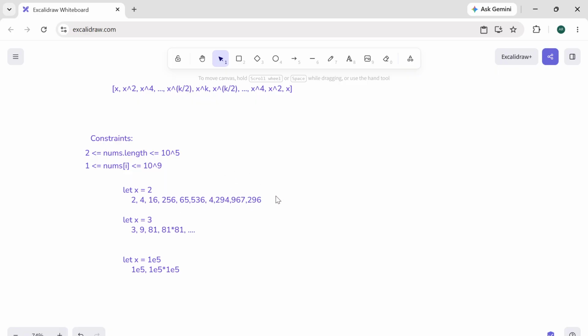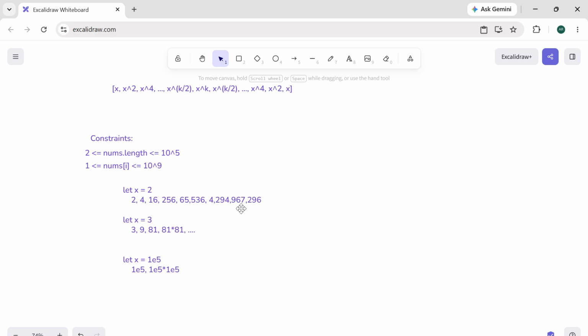Here you can see that this is a 10 digit number: 1, 2, 3, 4, 5, 6, 7, 8, 9 and 10. So after this your integer value would be greater than nums[i], and that will never be there in your array.